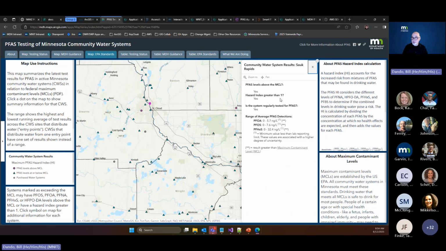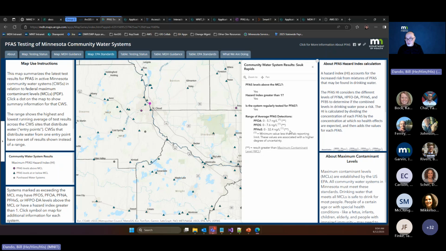I was hoping you'd have a few more analytes here, but this is pretty good. All right, so this is what I wanted to call out. We've got some things here where the minimum value, the low end, is less than the reporting limit. I want to make sure to call that out.